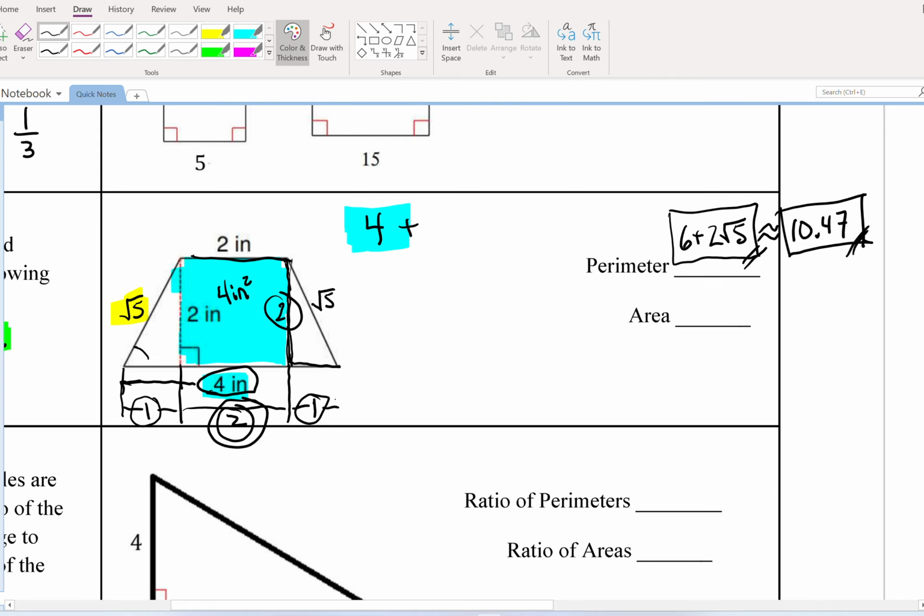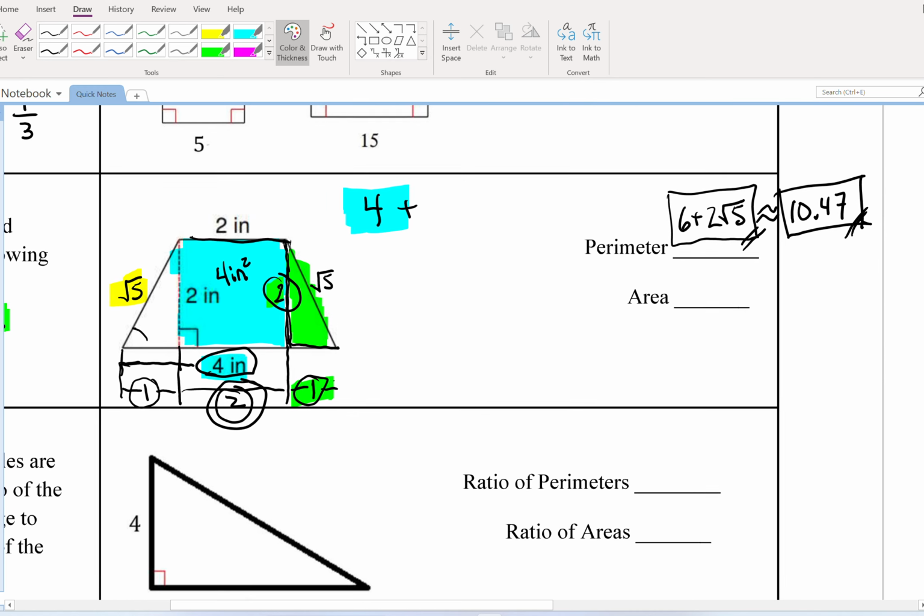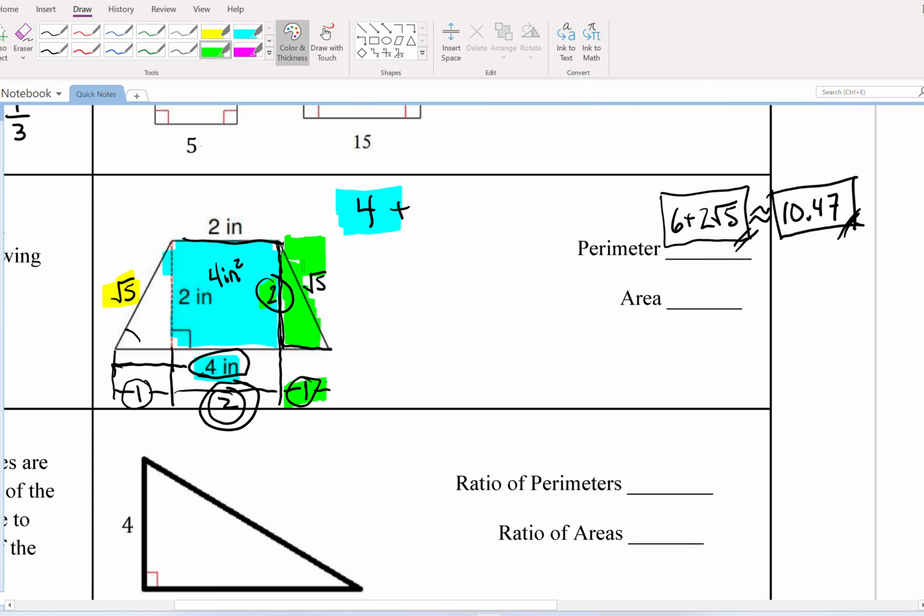And we're going to add that to whatever this is. Now, if I took 1 times the 2, that'll give me 2. But that would be if I had a whole rectangle of that same dimension. We only have half of that because it's a triangle. So we take 1 times 2, and then we divide that by 2.